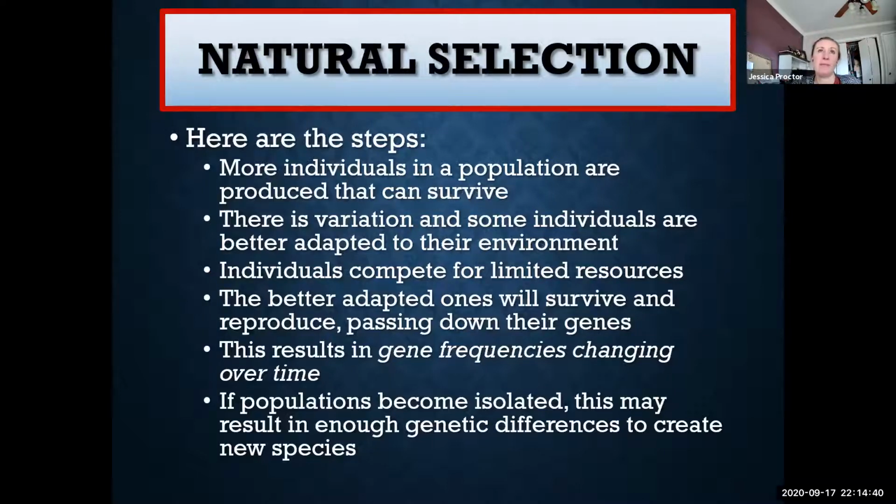Let's say we're talking about the rock pocket mouse, for example. The rock pocket mouse has two different colors, a sandy brownish color and a dark gray color. At the point in time when their environment was completely filled with the sandy desert, the rock pocket mouse that had the advantage was the sandy color, because they were able to avoid being eaten by aerial predators like hawks and eagles.